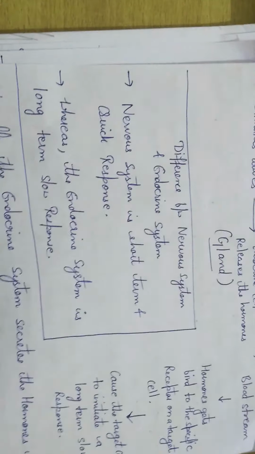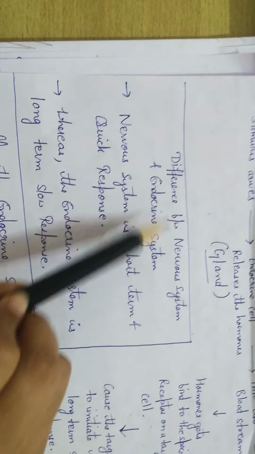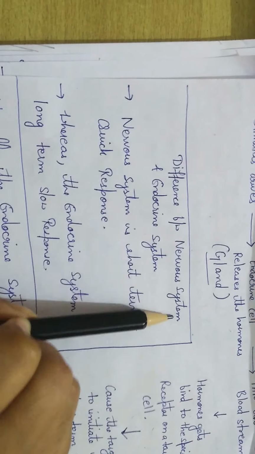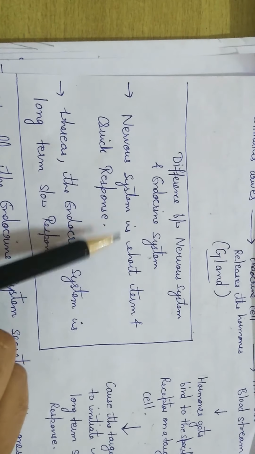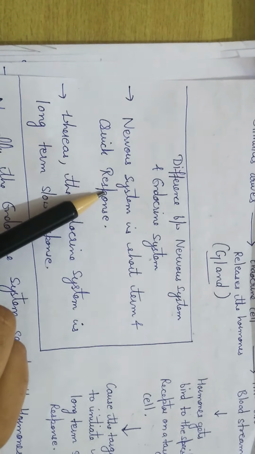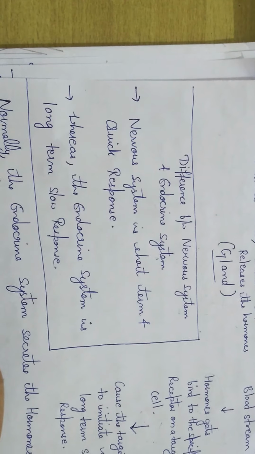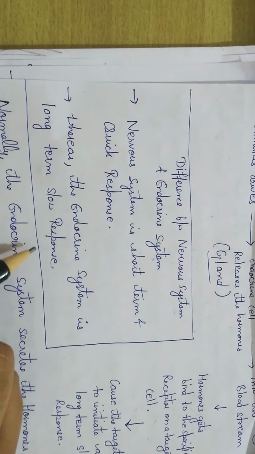Now we know that this is a major difference that students should know: what is the difference between the nervous system and the endocrine system. The nervous system is a short term and quick response, whereas the endocrine system is a long term and slow response.